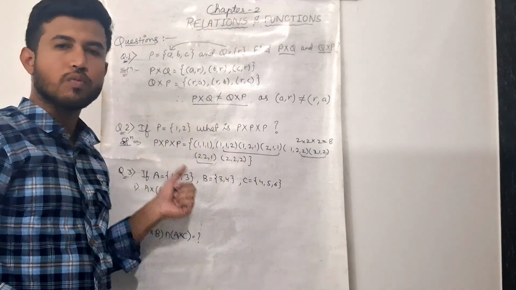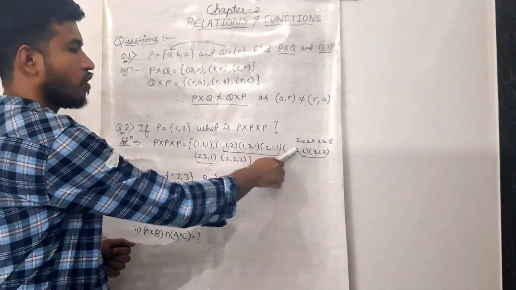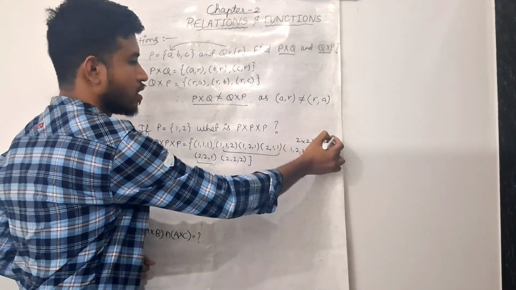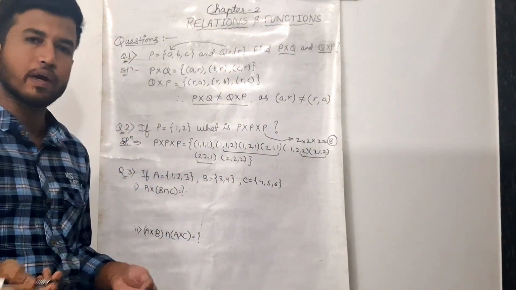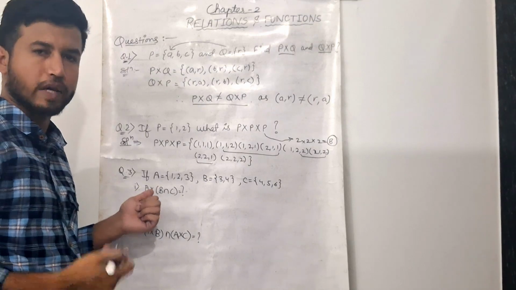So these are all possible relations: 1, 2, 3, 4, 5, 6, 7, 8, total 8. Total 8 possible relations. Now we move on to the next question.